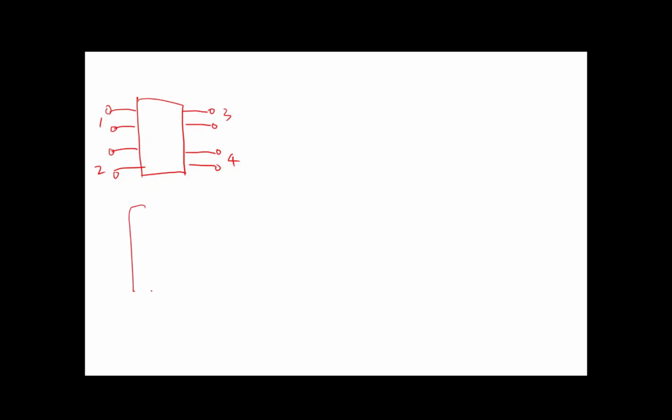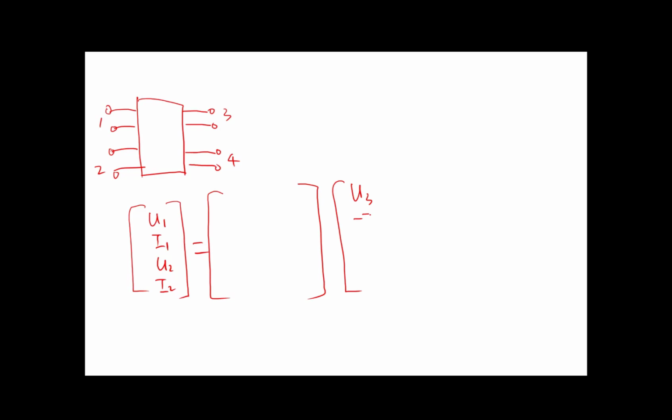So we can get U1, I1, U2, I2 equal to the T parameter times U3, minus I3, U4, minus I4. So this is also a T parameter. Half of them as output, the other half as input.